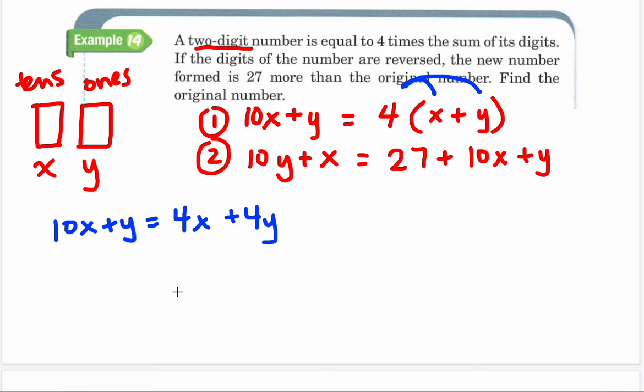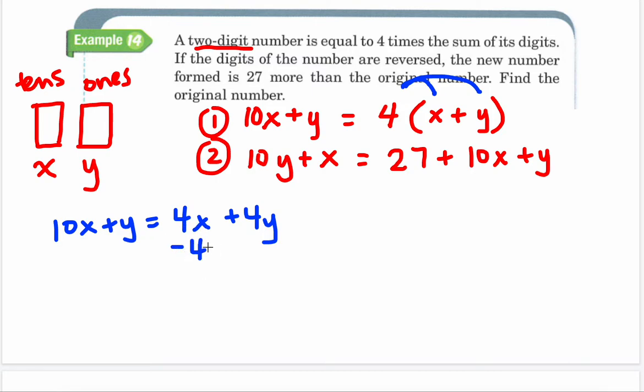And then the second equation can stay the same, but let's change it so that we're putting it into that elimination method format, so that all our x's and y's are on one side and our constants are on the other. So let's move stuff around.